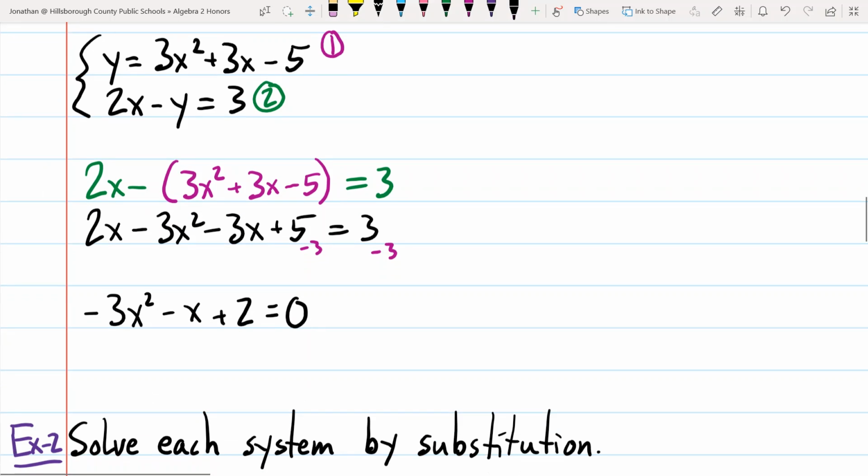Now, I do not like having a negative x squared. So what I'm going to do is take this entire problem and put everything on the other side. You can do that whenever you want to. This way, my x squared will be positive because I want to solve this problem with factoring. It's quite a small problem.